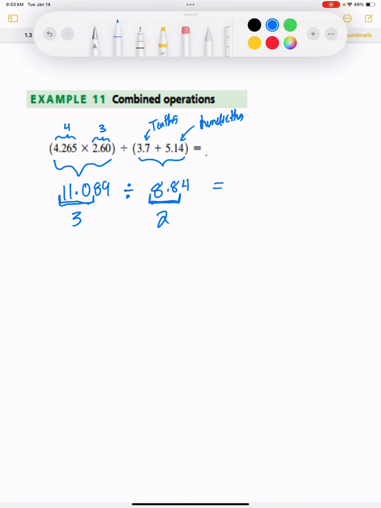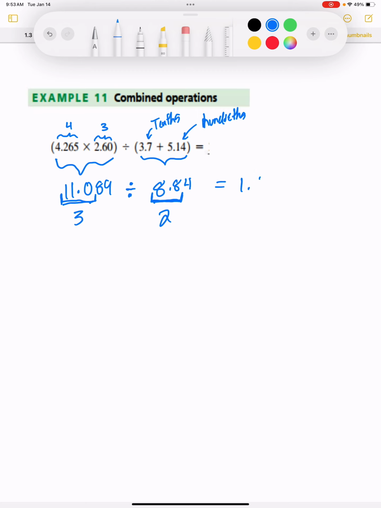So I say 11.089 divided by 8.84, and that gives me 1.25441765. I'll just say it ends there. I don't know that it goes on forever.